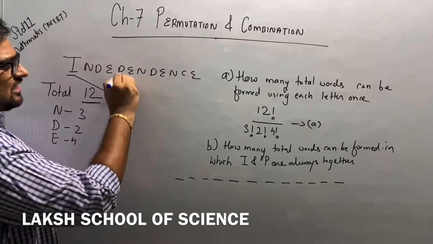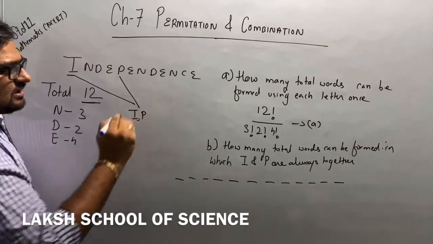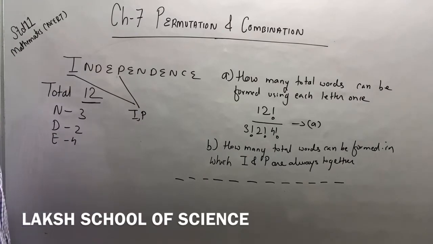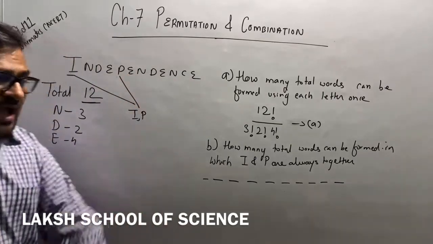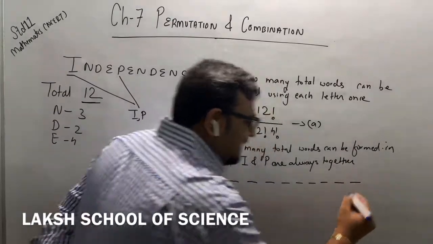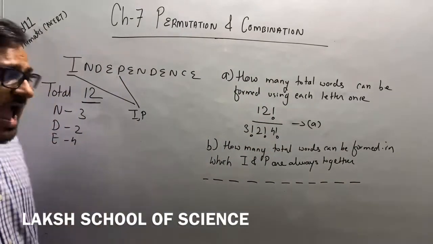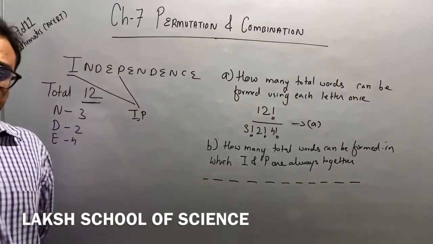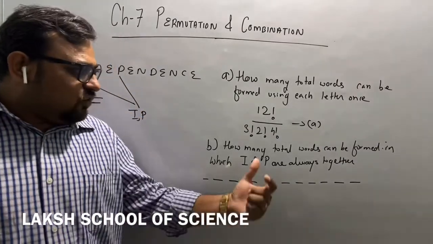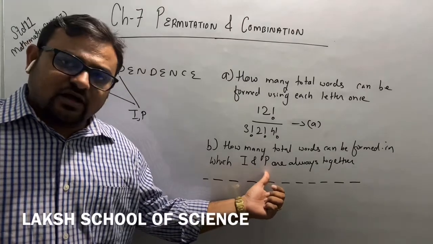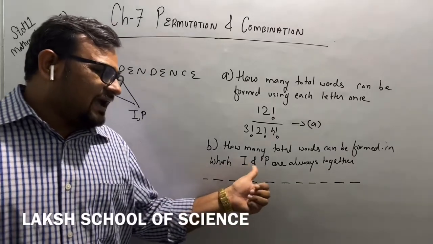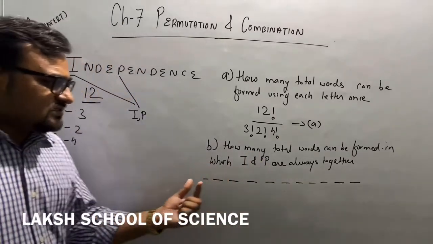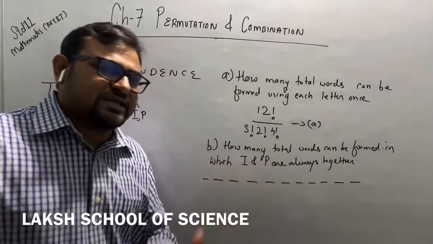So let's select out I and P. Remove I and P. So now how many? I removed two places, so 10 places. Now I am placing one more place in which I will put both I and P. Means what I have done, I want I and P together, so I have selected only a single place for I and P. So at whatever place I place I, I will just place P next to it.